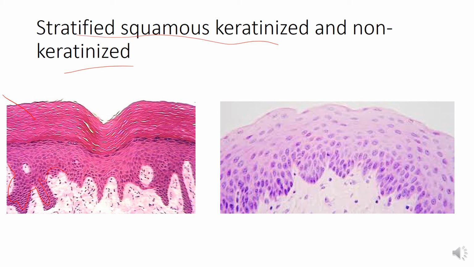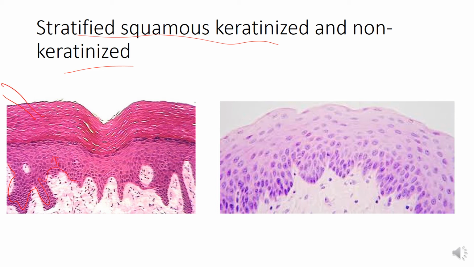This cuboidal layer has the capacity to divide. The cells divide and migrate up in the layers, and as they reach the surface they become flattened. In these flattened surface cells, the nuclei become pycnotic and disappear. Ultimately, these cells are filled with keratin protein.